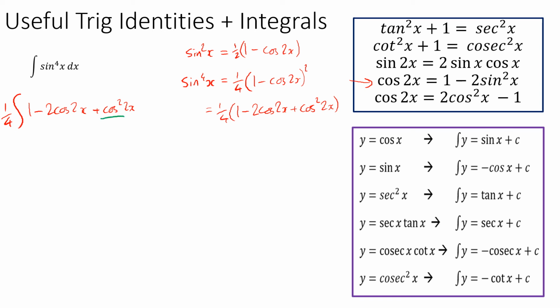We're going to have to, again, use this version of the cos 2x formula. So again, we've rearranged this a couple of times now, so let's jump ahead a little bit. We know that cos squared of x is equal to a half of 1 plus cos 2x. But we don't have cos squared of x, we've got cos squared of 2x, so we're going to have to increase our arguments here.